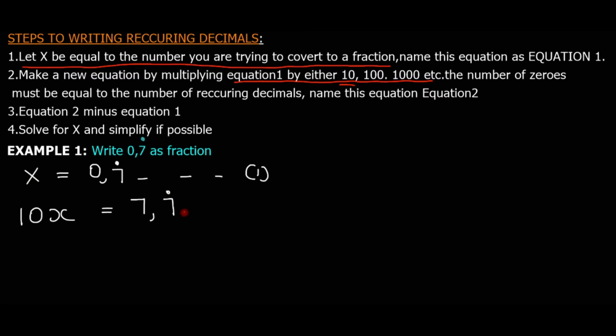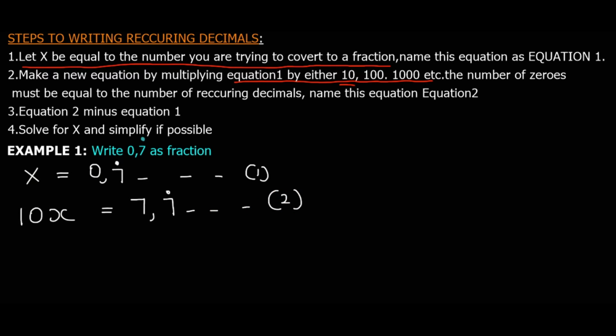So always when you get a certain number, you write a comma and then write again after the decimal and make it recurring. So 10 times 0.7 recurring gives 7.7 recurring, and this is our equation 2.